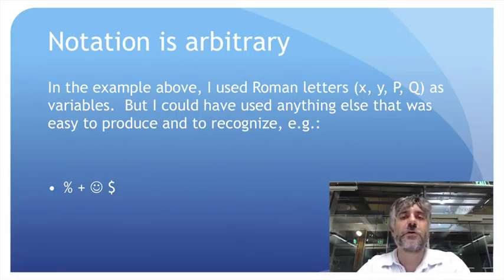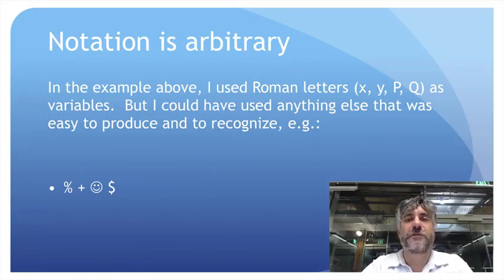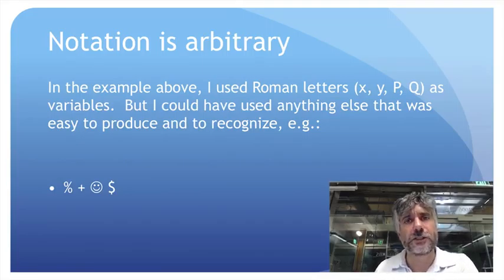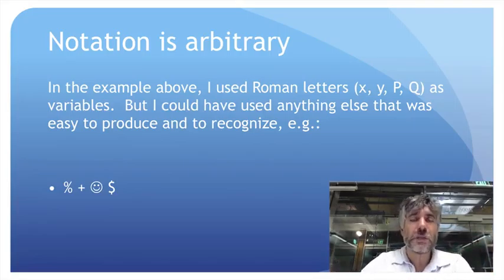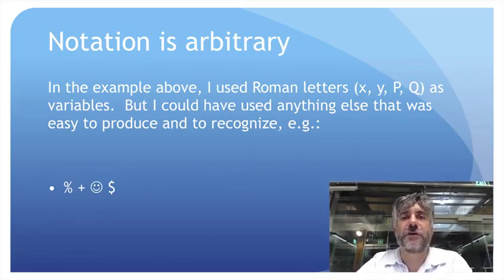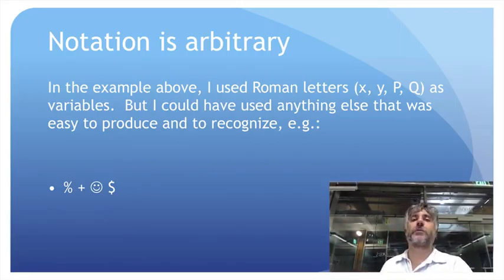The problem with all of those is that while they're easy enough to produce, they're not that easy to recognize as variables in propositional logic for the simple reason that they're all used to express other things besides variables in propositional logic. Whereas Roman letters like X, Y, P, Q typically aren't used by themselves to express anything at all other than variables. So we can use them safely as variables in propositional logic without running the risk that people will think that they're expressing something else.